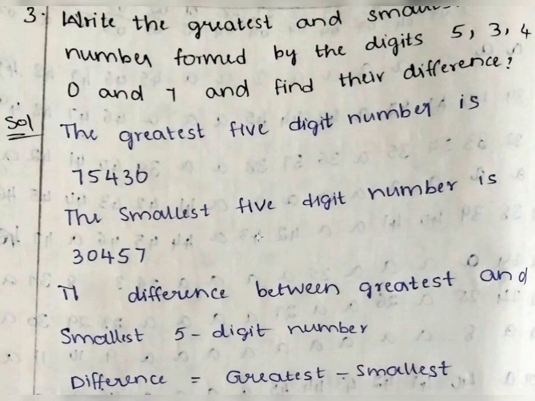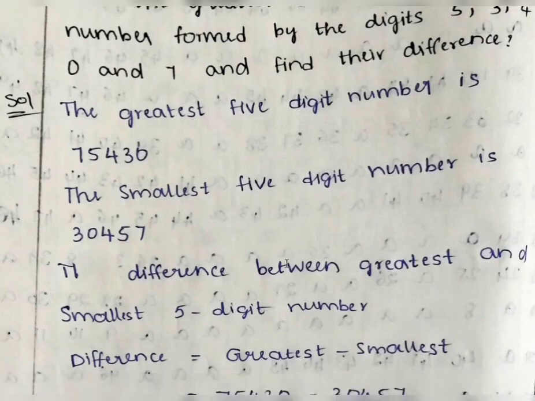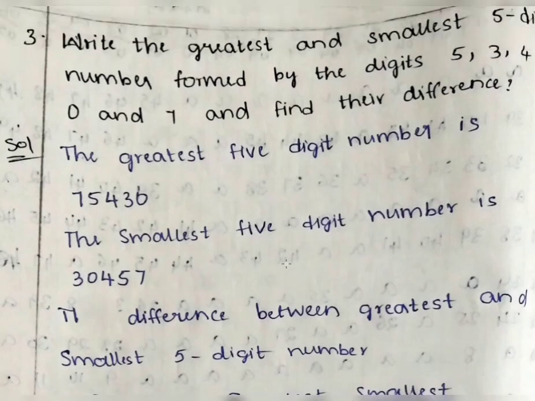And the smallest 5-digit number is 30,457. Why I have written it like this is, I didn't write it in descending order, because I have written 3 before and 0 after. If I write 0 before, then it becomes a 4-digit number, which is not what the question asks.